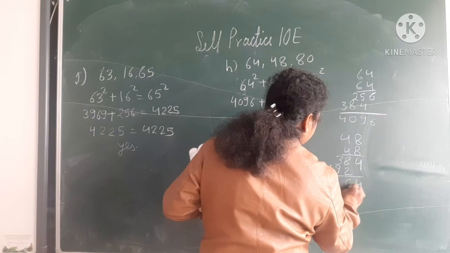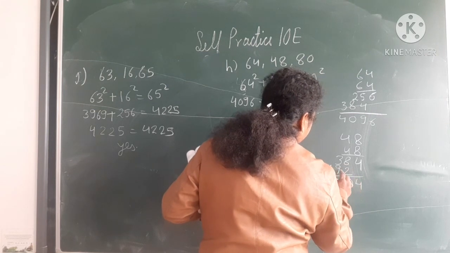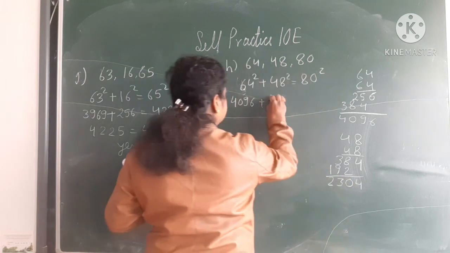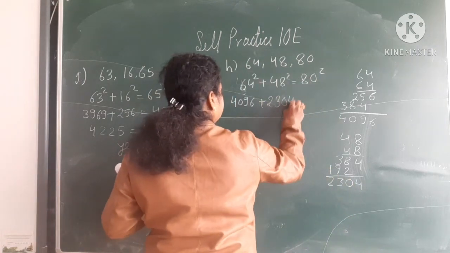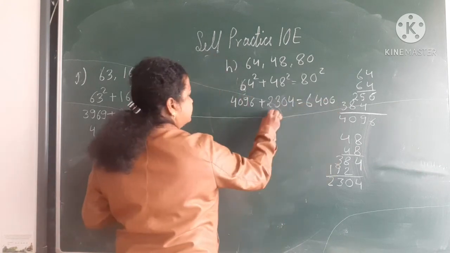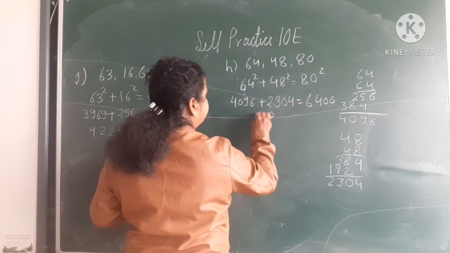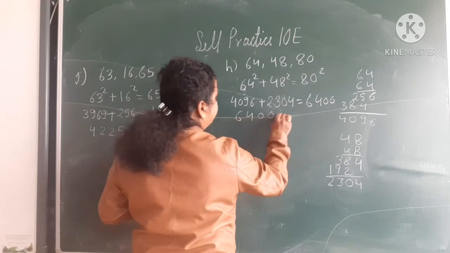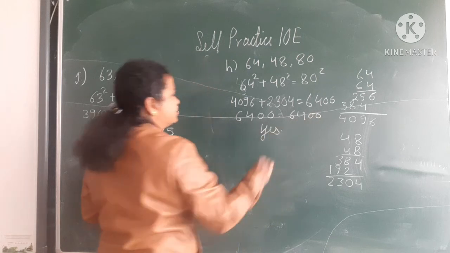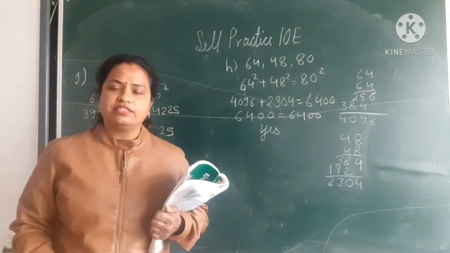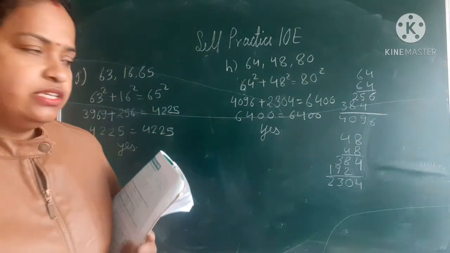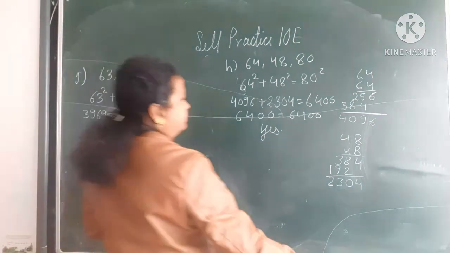So 2304. 4096 plus 2304 is equal to 6400. 6 plus 4 is 10, carry 1, 9 plus 1 is 10, carry 1, 4 plus 1 is 5... so 6400, and here also 6400. Both are equal to each other. Hence they form a Pythagoras triplet.